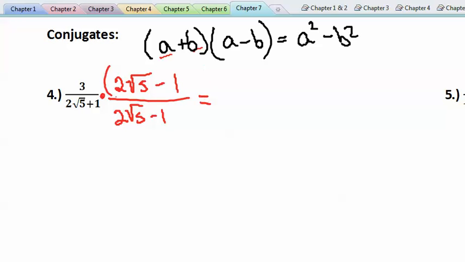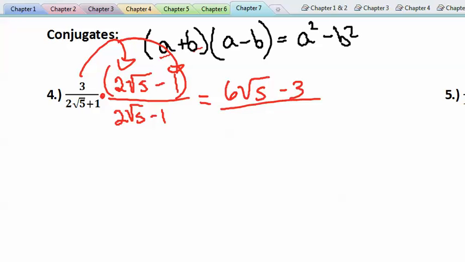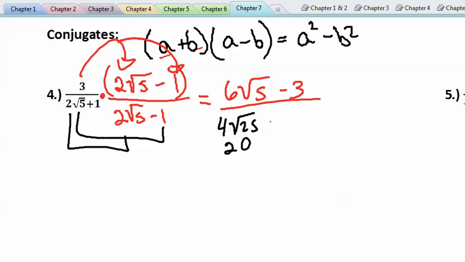What's going to happen is I will multiply the numerator just as normal, distribute the 3 to each term. So I'll get 6 square root of 5 minus 3. And then I will FOIL the denominator. Now, when I FOIL this, you'll notice that it's going to be like a DOTS problem. I'll get 4 times square root of 25, which would be 20. I'll do the outer, which is minus 2 square root of 5.